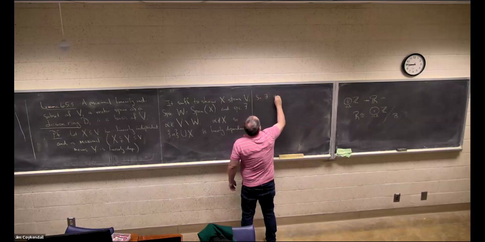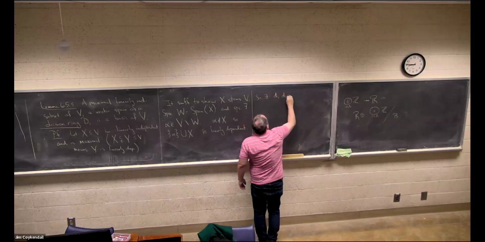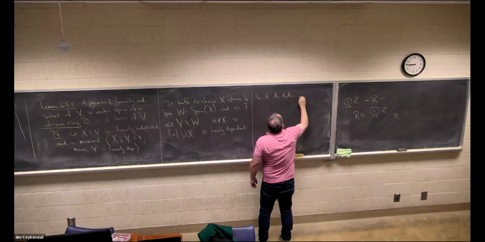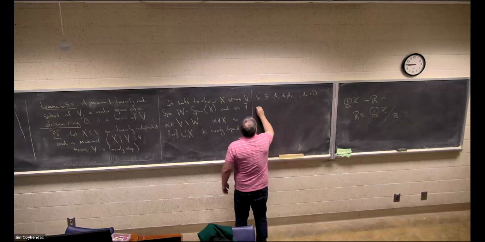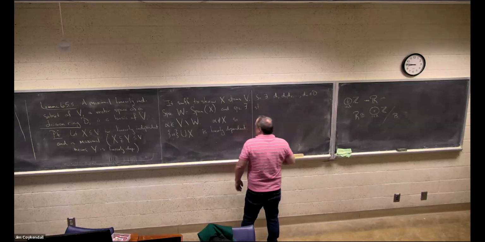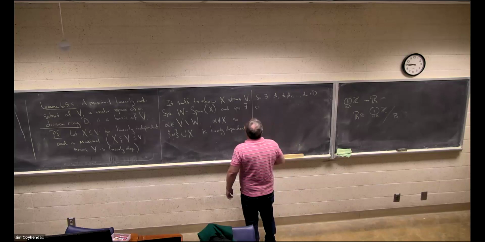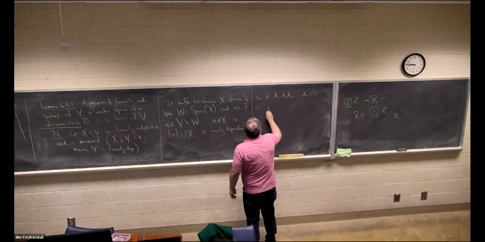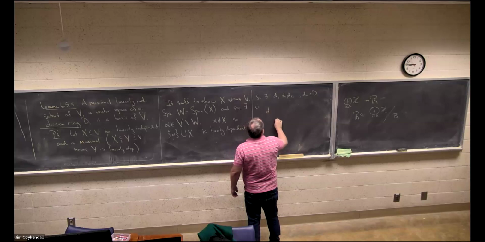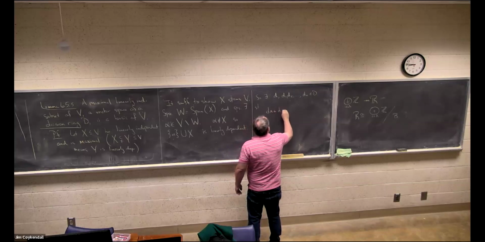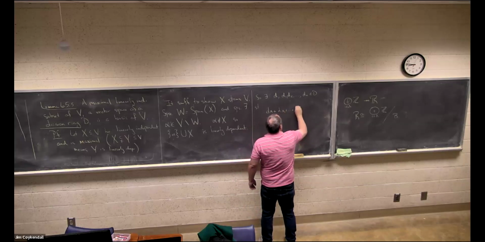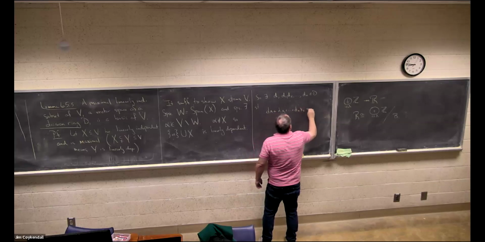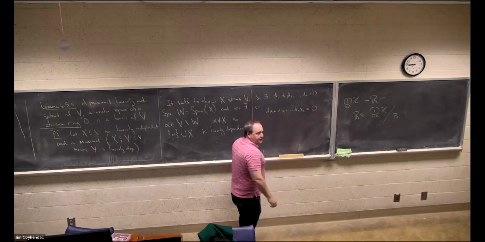Well, that means there exist D, D1, D2, ..., DK in the division ring such that D alpha plus D1 X1 plus ... plus DK XK is equal to 0, right?